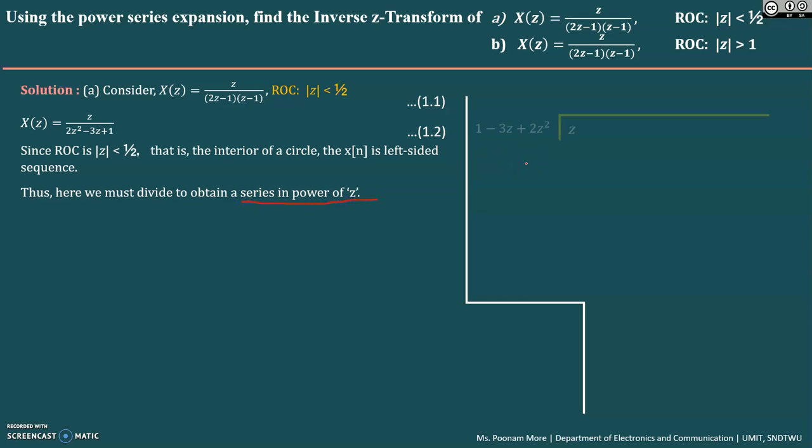So let's consider a division for obtaining a series in the power of z, that means the positive power of z.